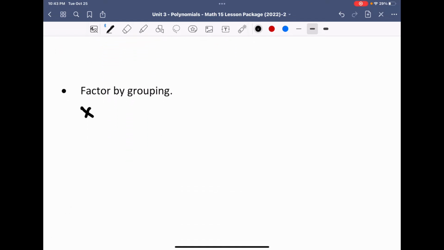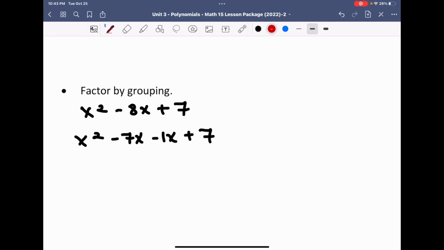If I write the original, I have x squared minus 8x plus 7. I'm going to replace the middle number with negative 7x and negative 1x plus 7. Now I can factor by grouping: group my first two, group the last two. I can factor out a common x from the first ones.